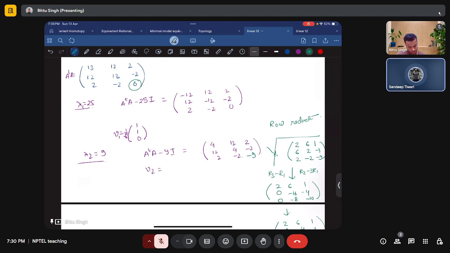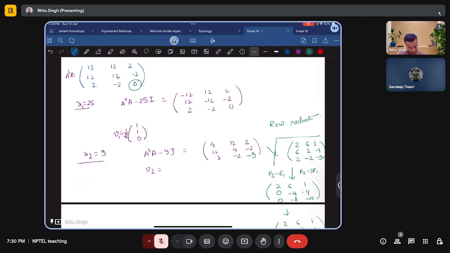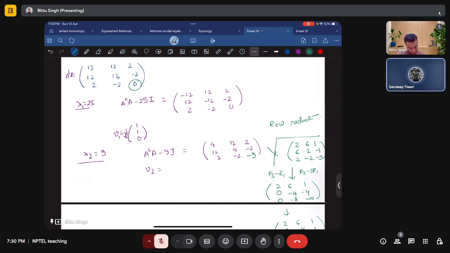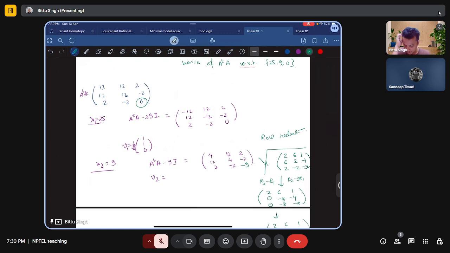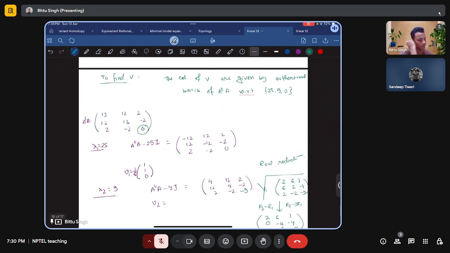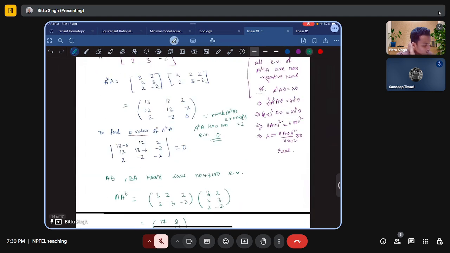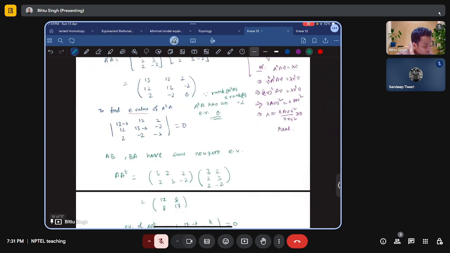Sir, is our eigenvalue correct? Eigenvalues are correct. Yes, let me check it again. Maybe I have computed the eigenvalue wrong.